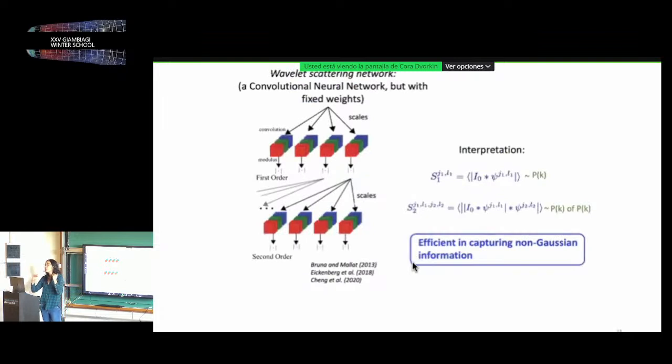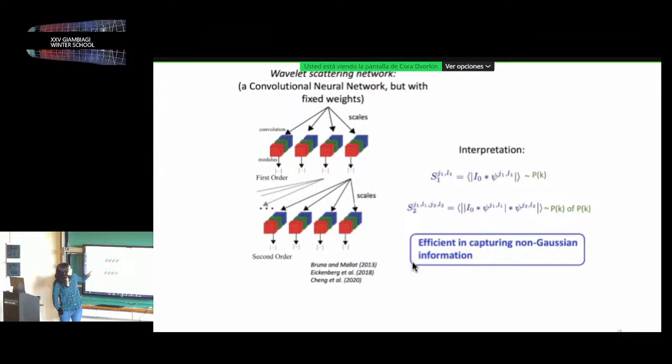So this leads to a structure. You can go one layer after another layer. You can stop at some point. We did our analysis on a real galaxy survey, and we stopped at the second layer, but you could in principle go on. This leads to a structure of the scattering transform that resembles the structure of a convolutional neural network.